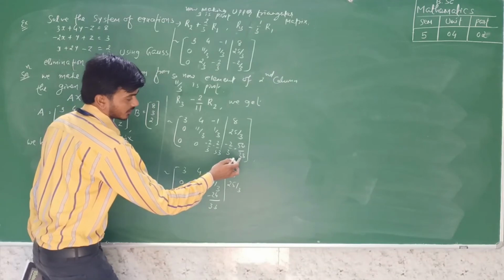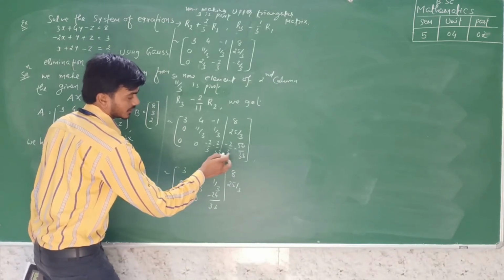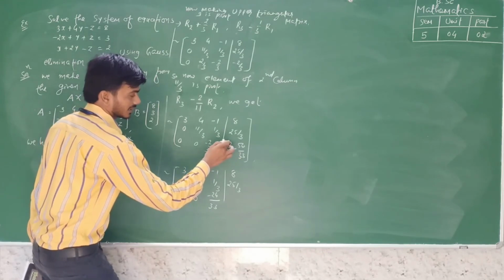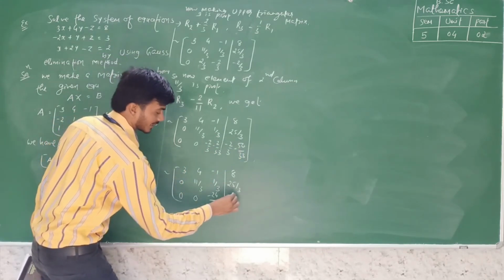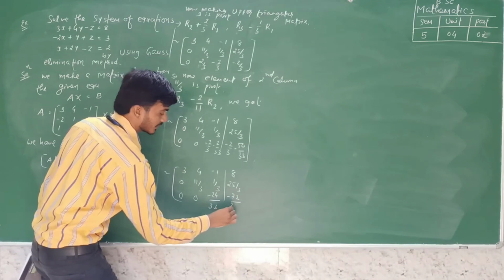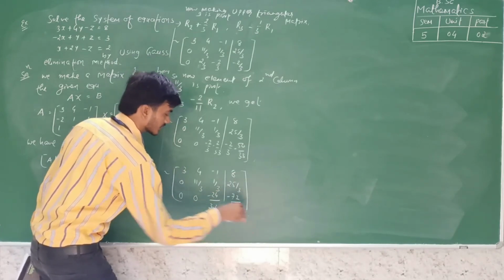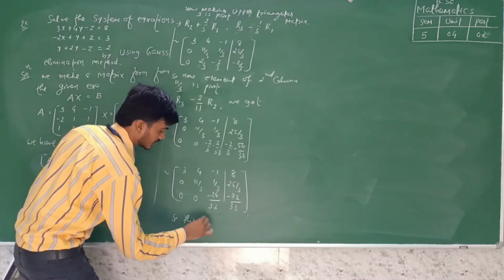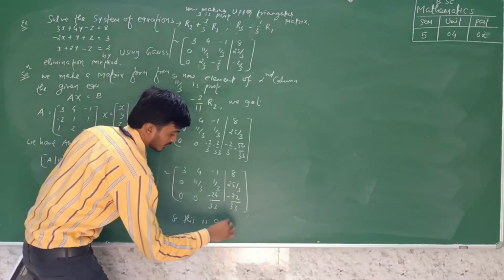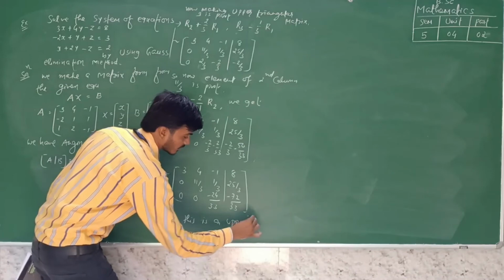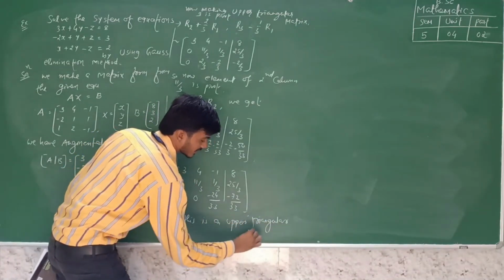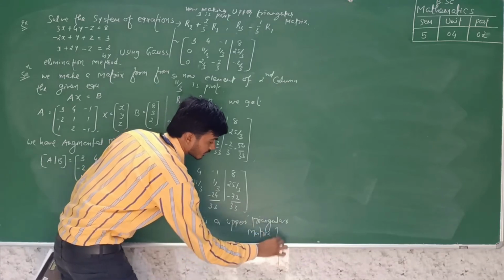Here with LCM 33, that means 11 minus 22, minus 22 minus 50, minus 72 upon 33. So this is an upper triangular matrix form.